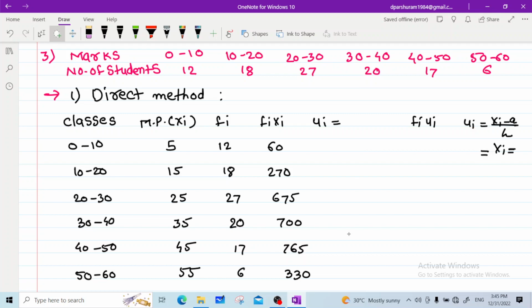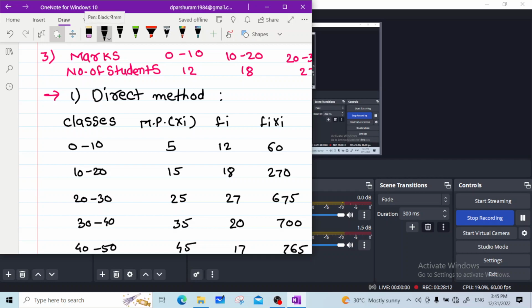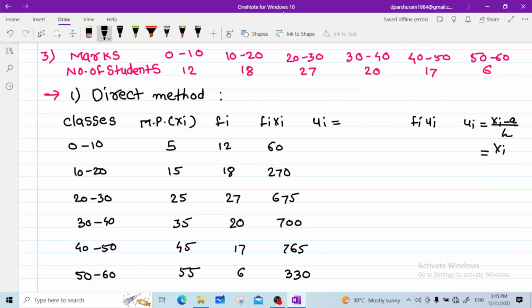In the frequency column fi, we have to see the maximum number, that is 27, and the corresponding midpoint is the value of a.